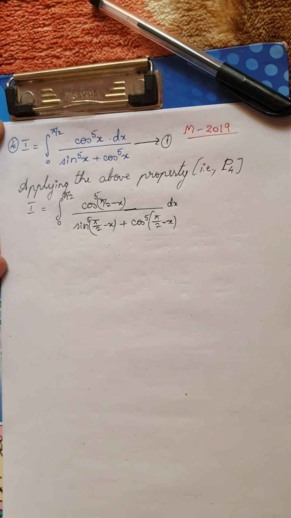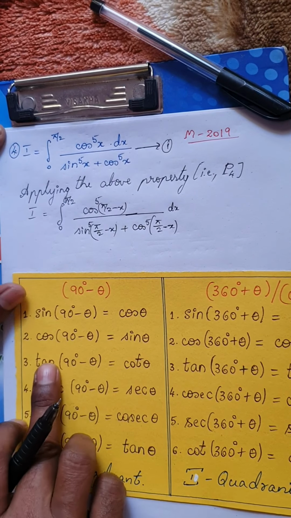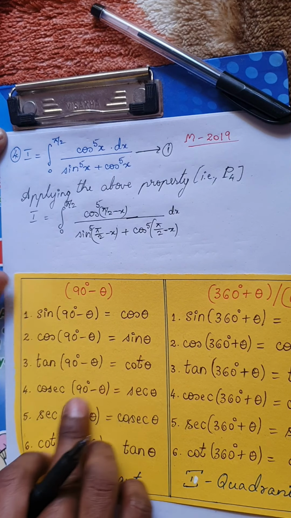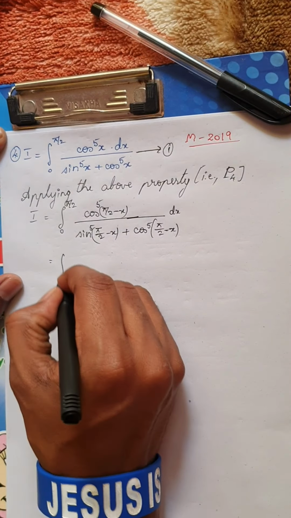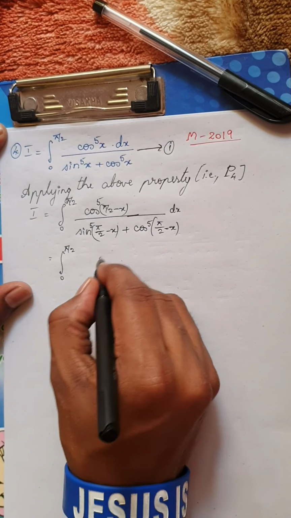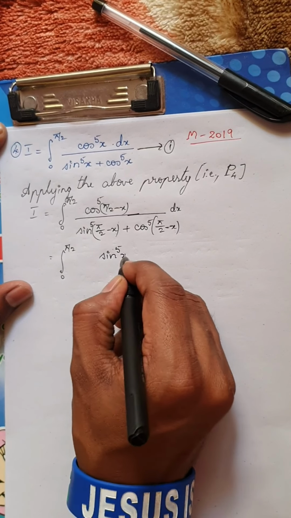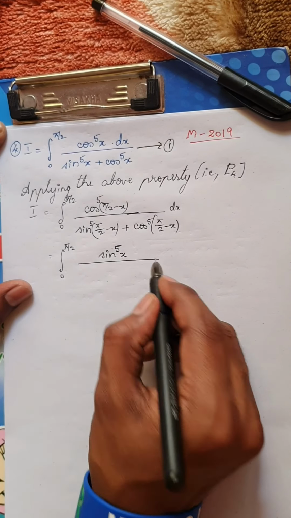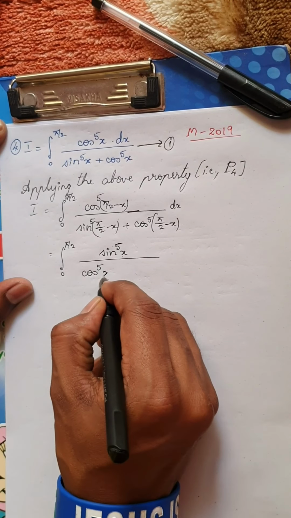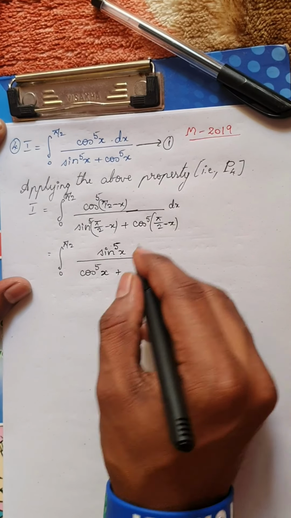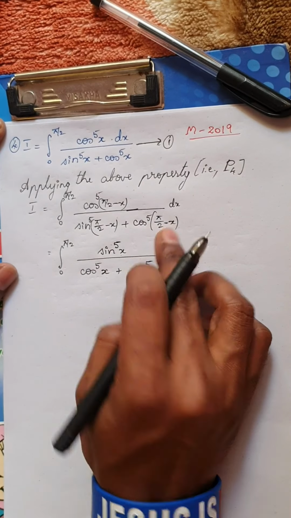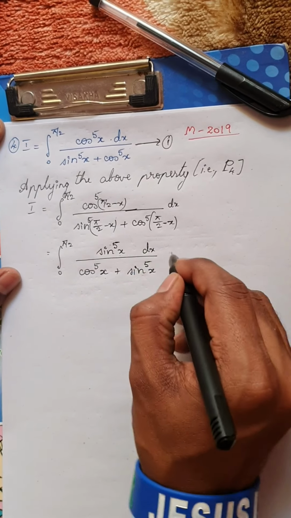Again, as we used in the previous one, sin of 90 minus theta is replaced by cos theta, and cos of 90 minus theta can be written as sin theta. See what happens. This is nothing but the integral from 0 to pi by 2 of sin power 5x divided by cos power 5x plus sin power 5x, dx.